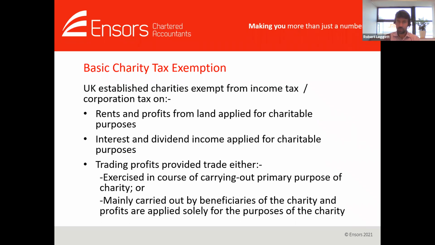So if we move outside of our charitable objects, we could end up with a trading profit. It's also very important with trading profits to really focus in on that primary purpose aspect. So outside of that, as we will see, the exemptions are much more limited. And it's therefore around trading that we generally see charities end up with tax liabilities.